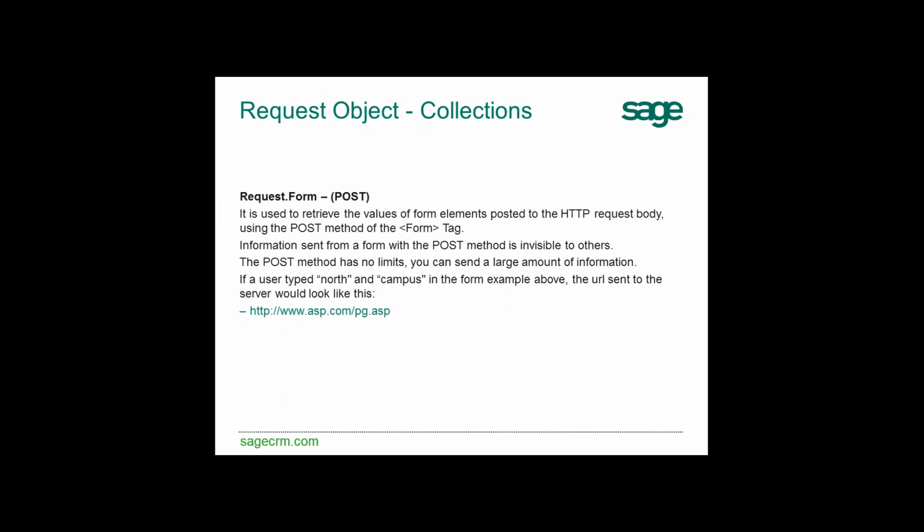Normally when you're making a request using a URL, you're making a GET, and when you make a request using a form, you make a POST. Certainly that's the way it is inside CRM.